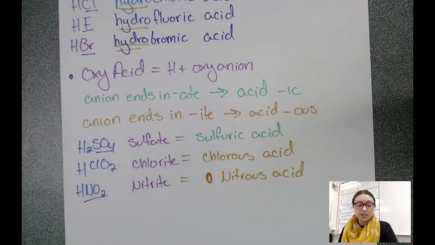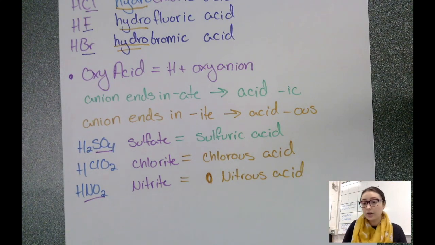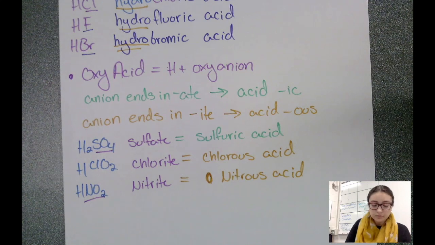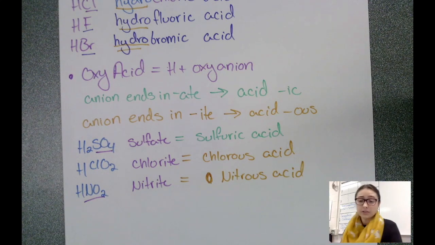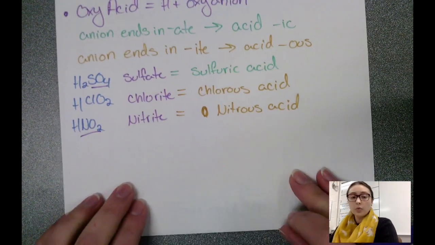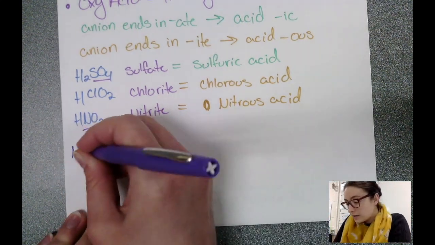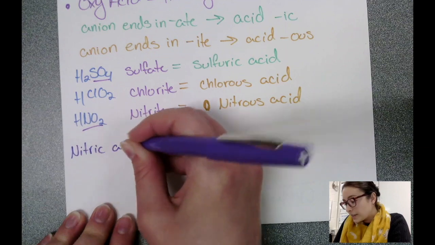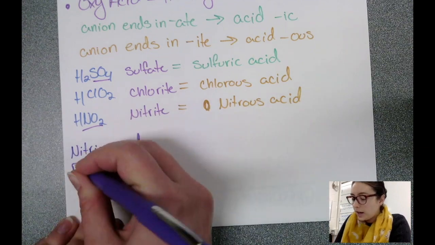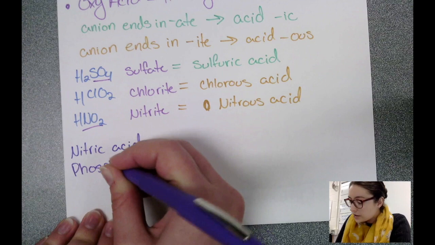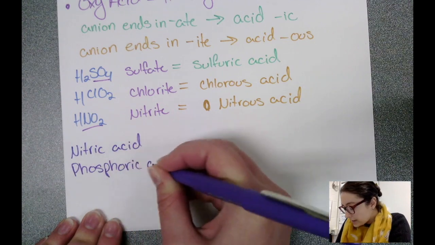And you're going to use the exact same technique to go in the opposite direction. So let's do some examples of that, because that's most likely what you're going to have to do when you're balancing equations. So let's say we've got nitric acid. Let's say we've got phosphoric acid.